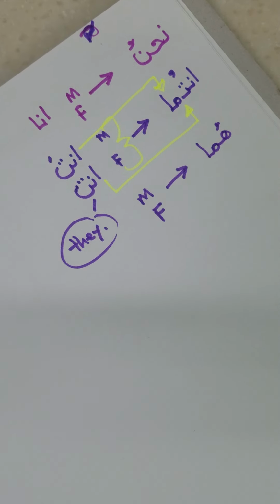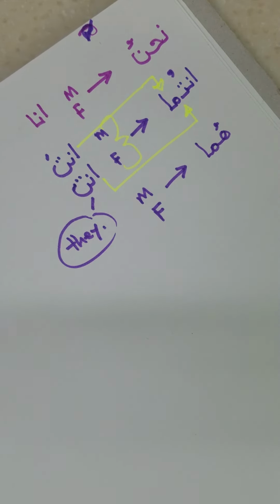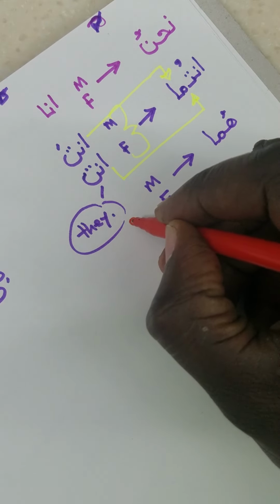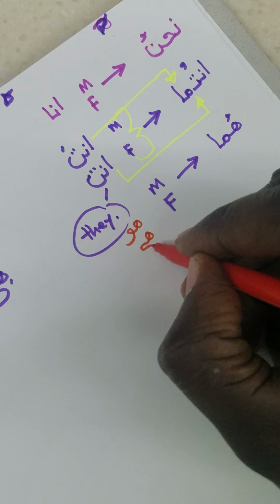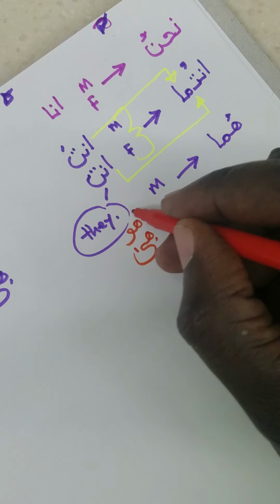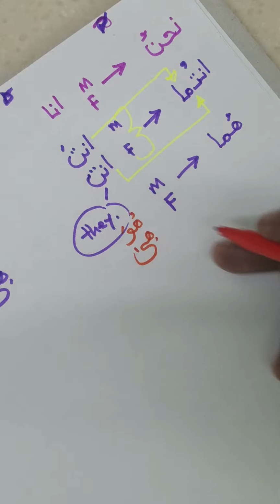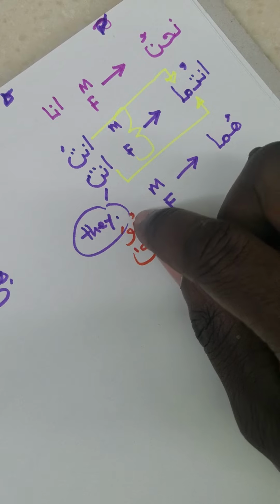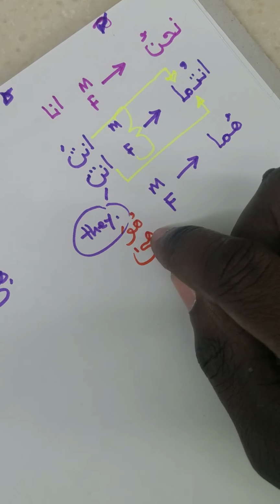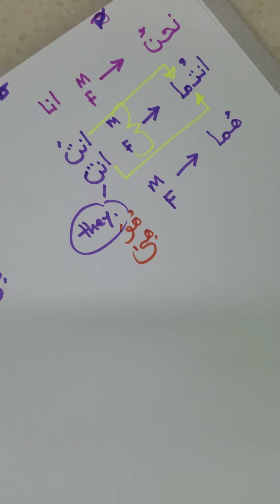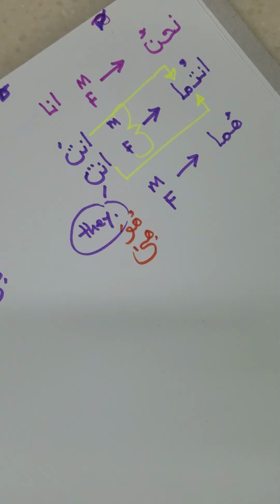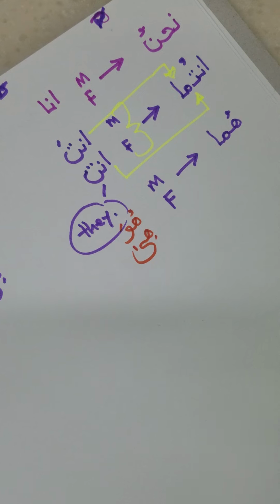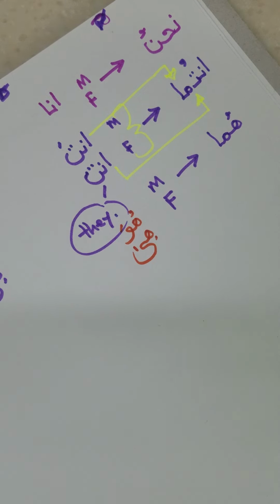Okay, so when here you had Hum, you had Huwa, and here Hiya. If they are many, there is a differentiation between male and female, but if they are particularly two, they will take on this format.